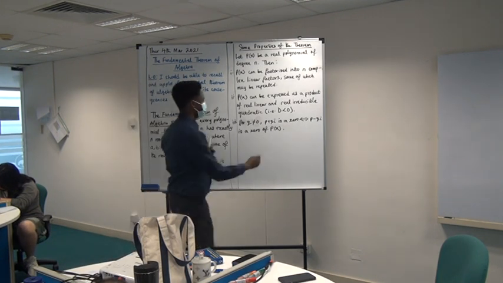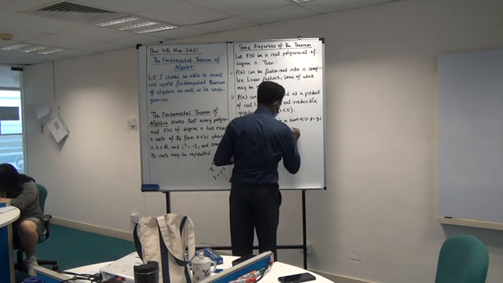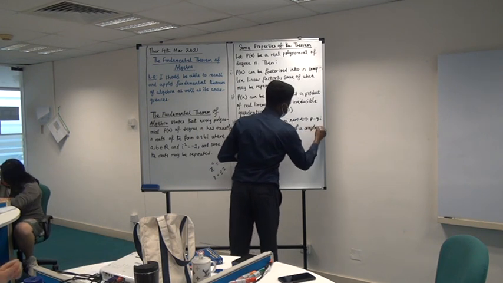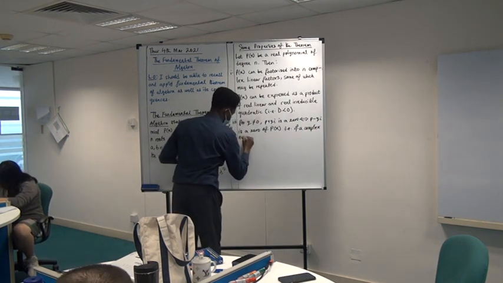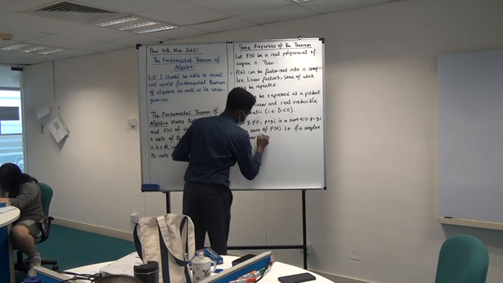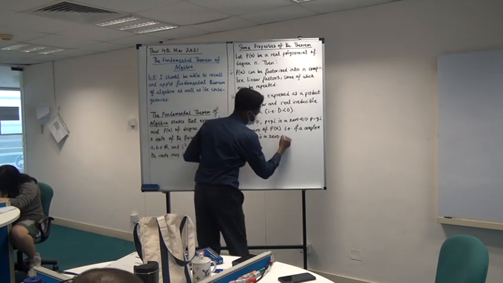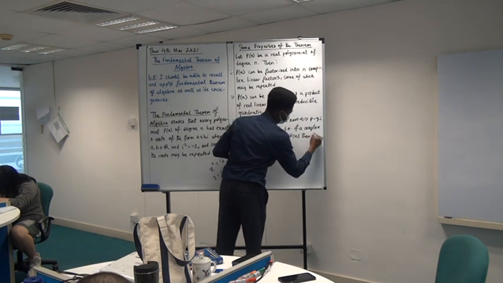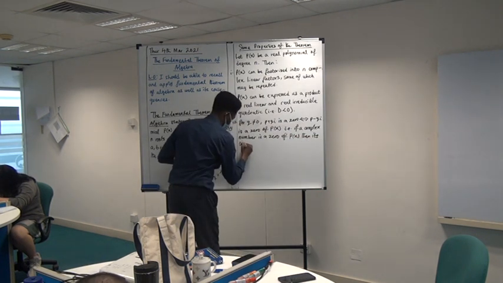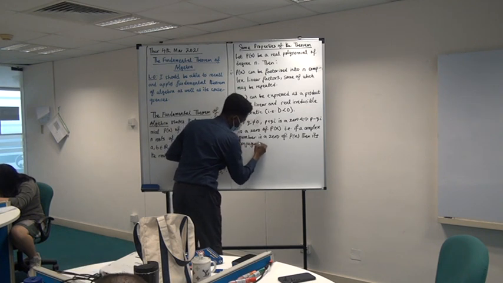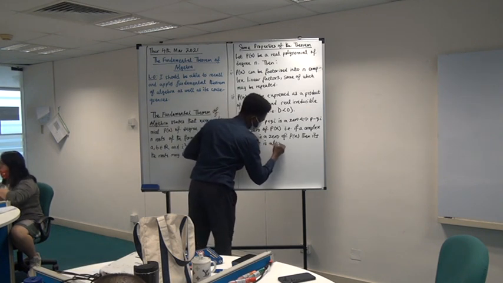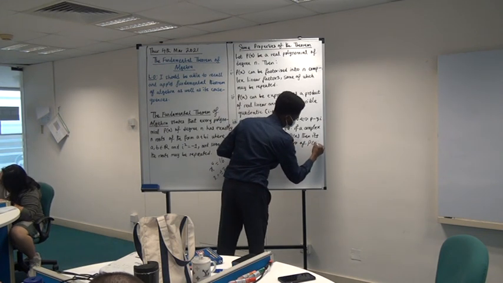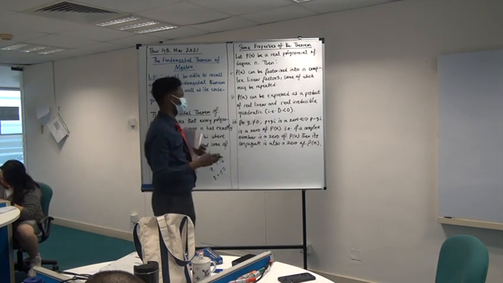So what it says is that if a complex number is a 0 of p of x, then its conjugate is also a 0 of p of x. That's what this is talking about.